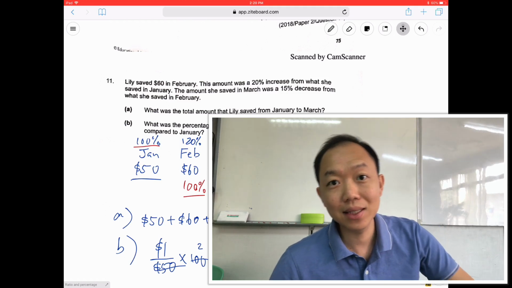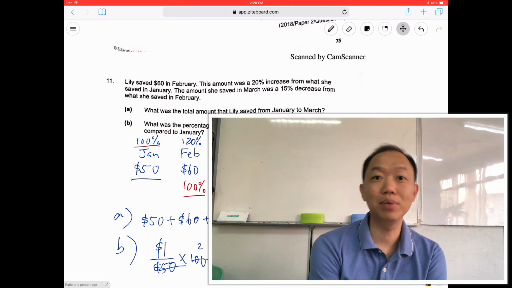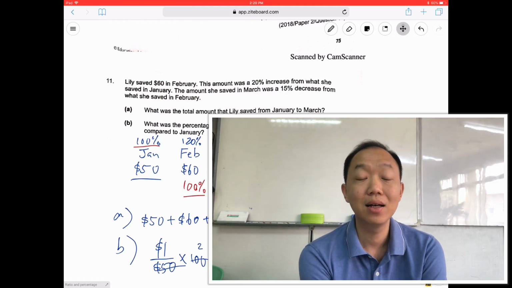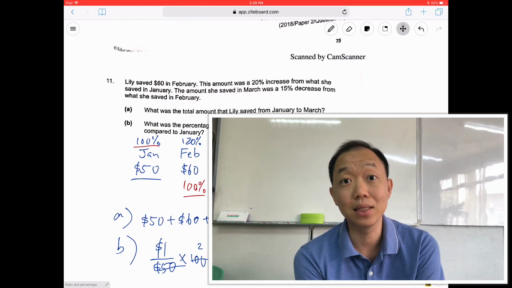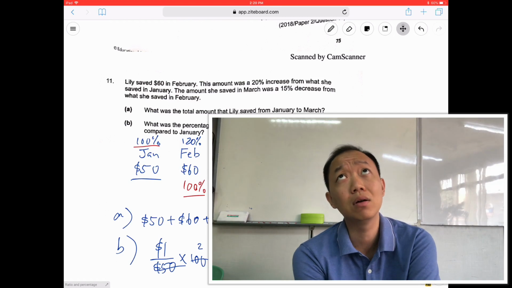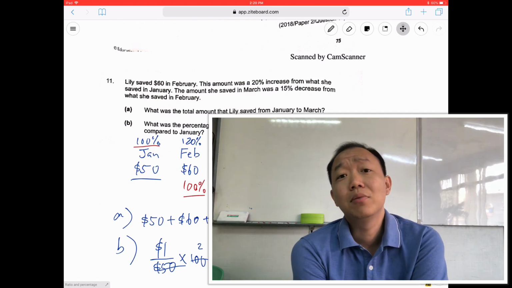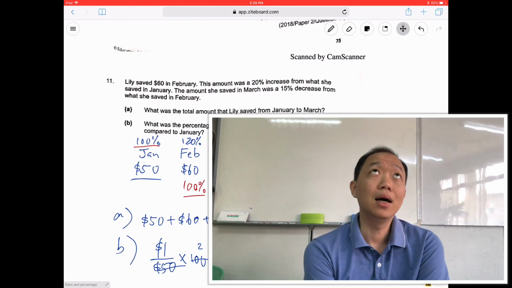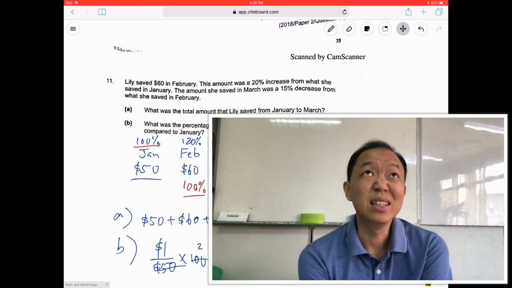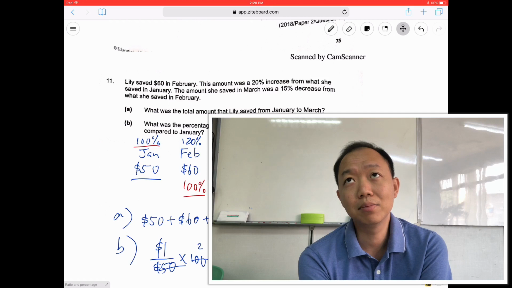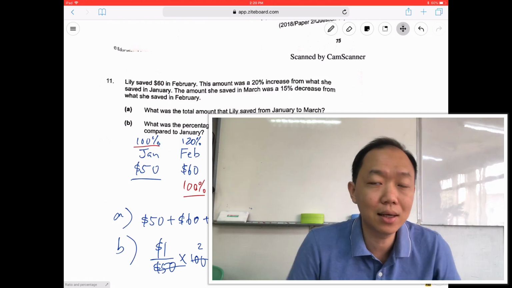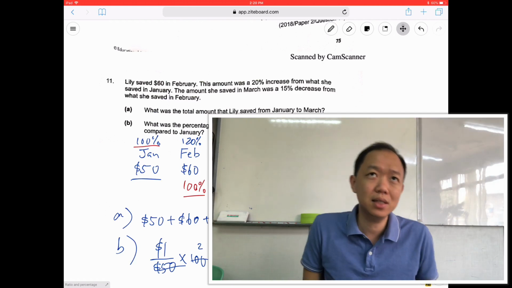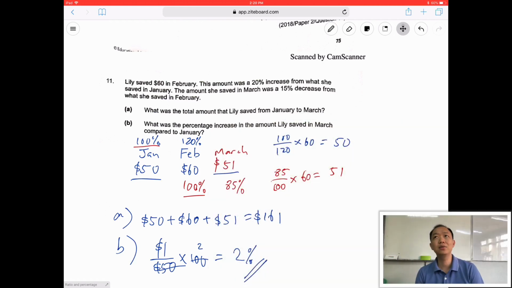Okay, so ladies and gentlemen, that was all the ratio and percentage questions from the past 3 years of PSLE. Just to do a quick recap, what are some of the heuristics that I use? I use a lot of before and after. I used the change of base, but that's not a heuristic, that's just simple percentage fundamentals. I used before and after. There wasn't any single unchanged, but there was a total unchanged.